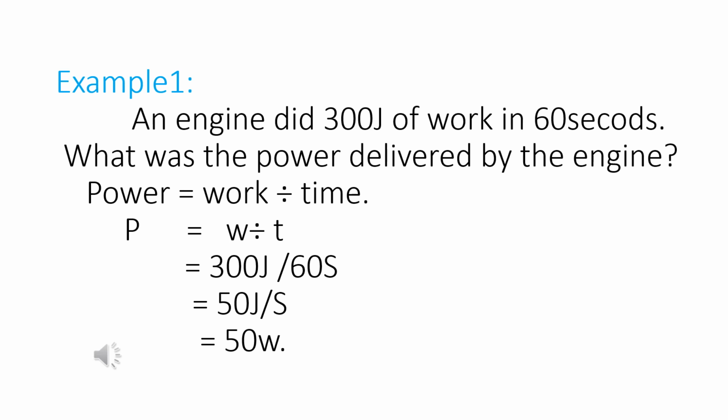Remember, power equals work over time, where work is in joules and time in seconds. So the work done was 300 joules and it was done in only 60 seconds. So we get 300 joules divided by 60 seconds. When we divide the two, we remain with 50 joules per second, or 50 watts.